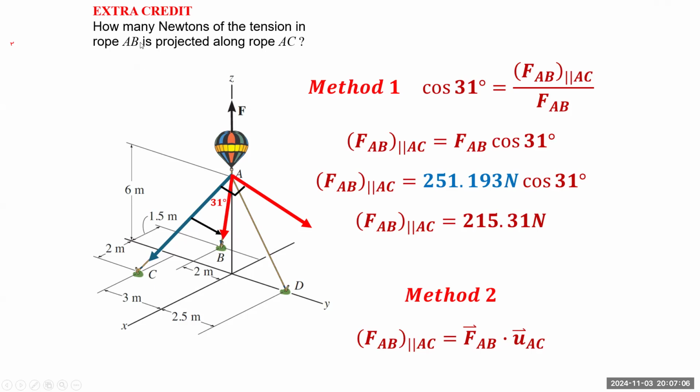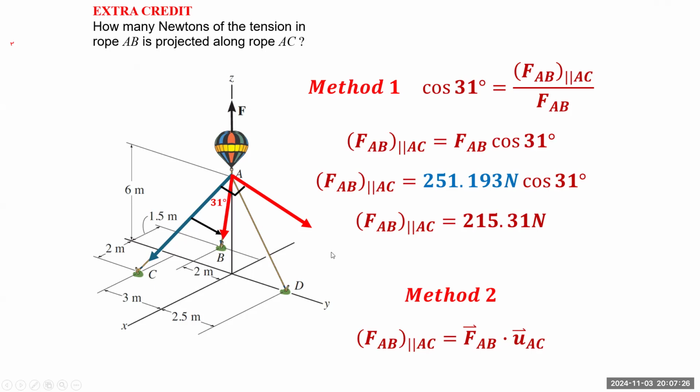Was that what they asked? It says the tension in AB is projected onto AC. So once you get the angle between them, you have FAB already, and you take the cos.